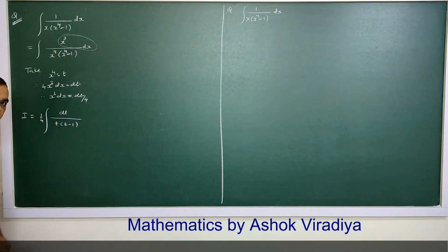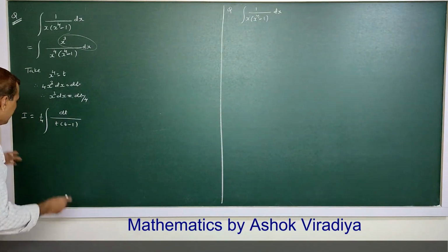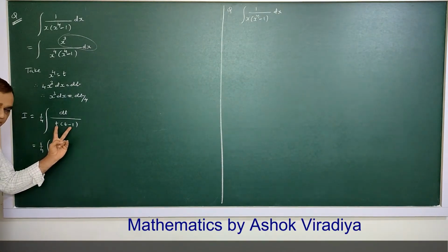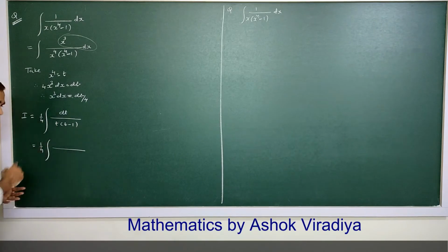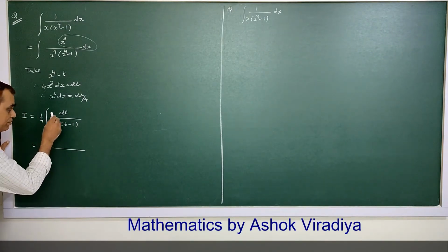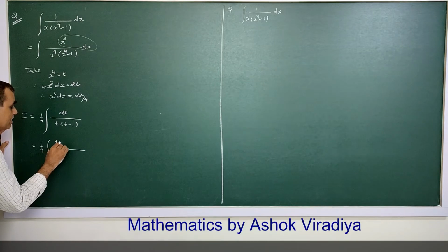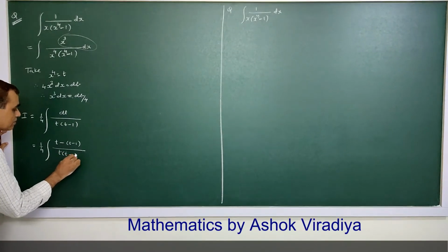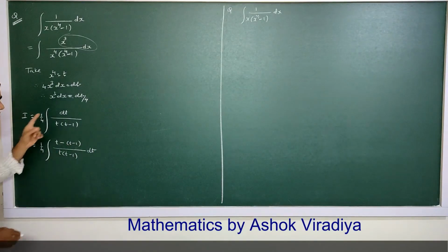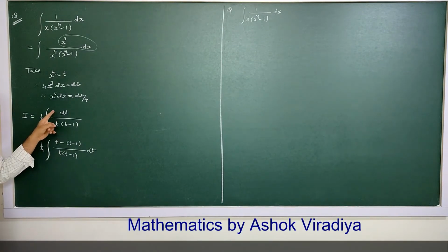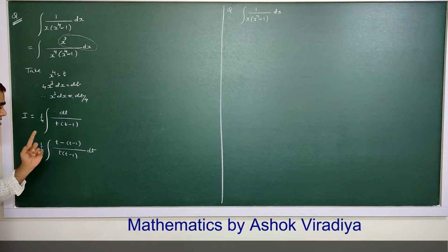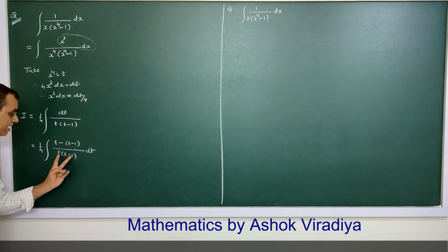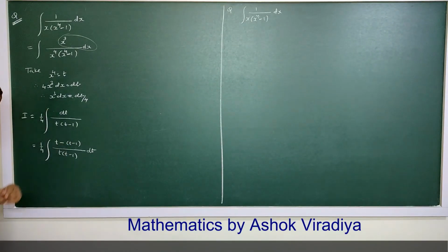This can be integrated in two ways. The first way is, because these are linear factors and the numerator is 1, 1 can be expressed as t minus (t minus 1). So 1 is expressed as the difference of both the factors which are in the denominator. The difference of these factors is 1.